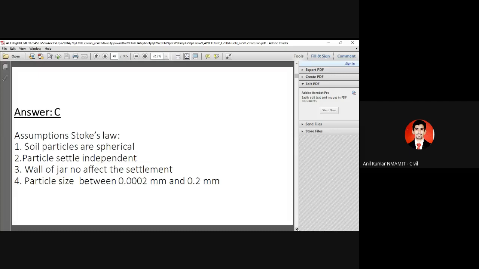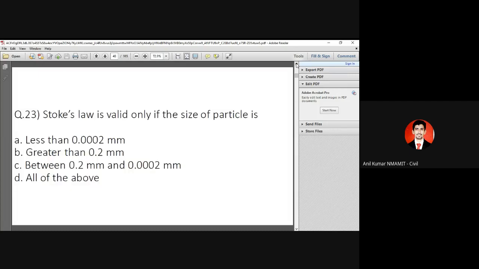This is very important, because based on these assumptions the entire Stokes law, that is the terminal velocity, and the equation are derived. So particle sizes between 0.0002 mm and 0.2 mm only can be used in your hydrometer analysis. That is what the question says: Stokes law is valid only for this particle size range, which is one of the assumptions. So the answer is between 0.2 mm and 0.0002 mm.